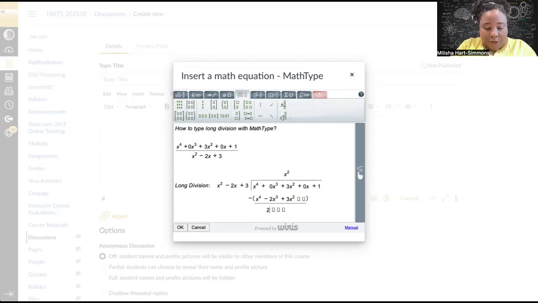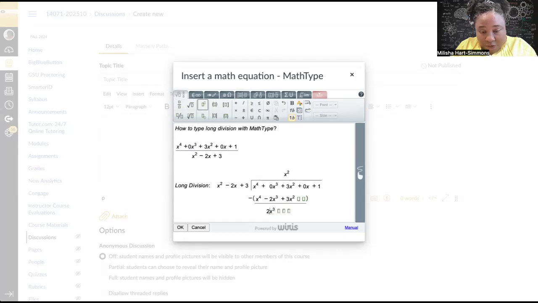So here we have 2x to the 3rd power. If you'd like to make sure that it stays lined up, you can move it over with the cursor. Then here we see that 3x squared minus 3x squared would be just a 0x squared.